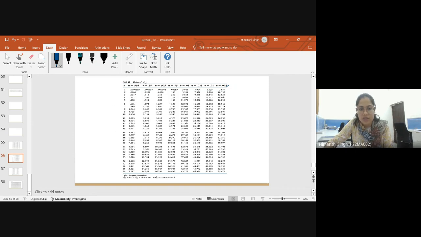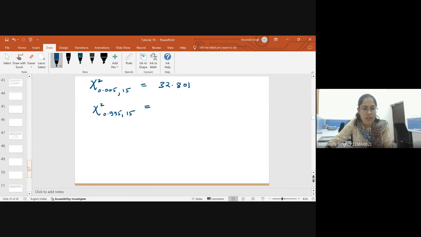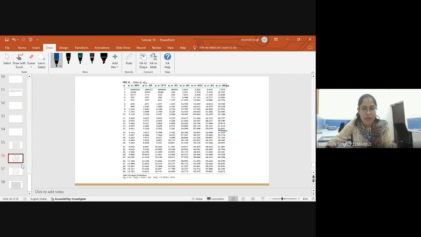So it will be this value, 32.801. Again, we have chi-square 0.995 at 15 degrees of freedom, and at 15 degrees of freedom we have 4.601.